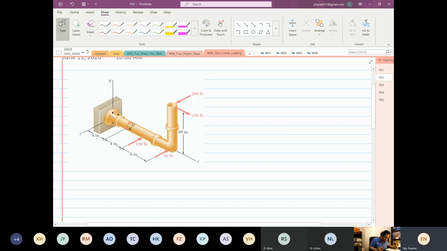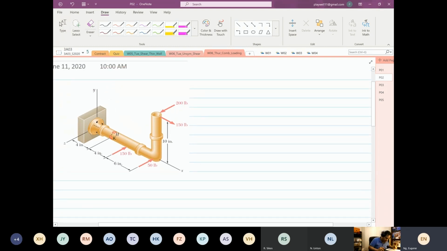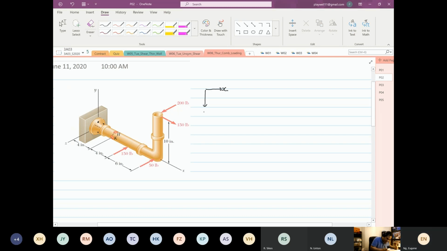Okay, so the next thing we're going to do, we're going to view from the plan view now. So this is my X, this is my Z, and this is my rotation in my Y direction. So we are looking at this thing from the plan view now.